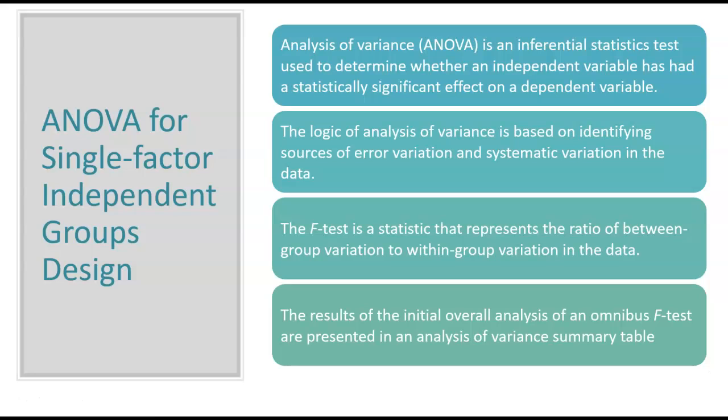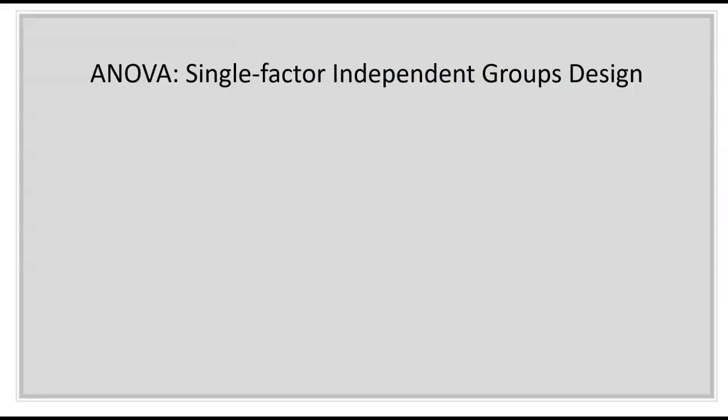But one of the first things you're going to look for is what's called an omnibus F-test result. And basically that test just says, in this whole pile of means, all of these groups, is there a difference in there somewhere? And then if the answer is yes, you proceed and look for more detail about where those differences are.